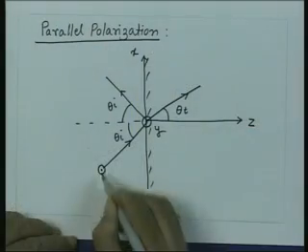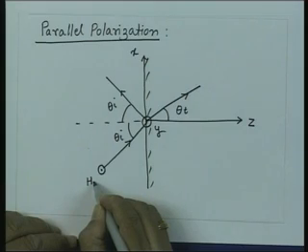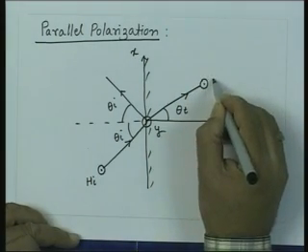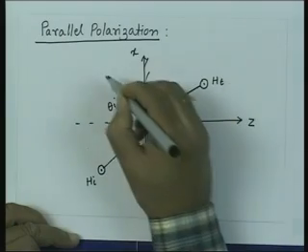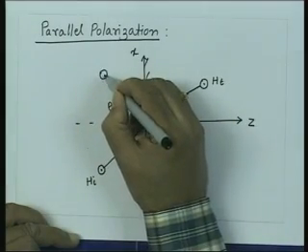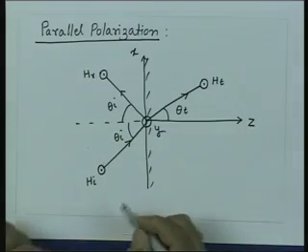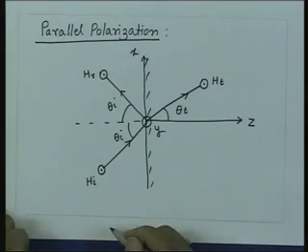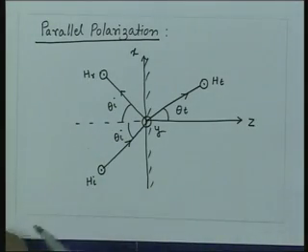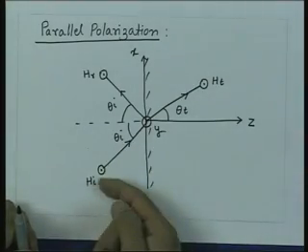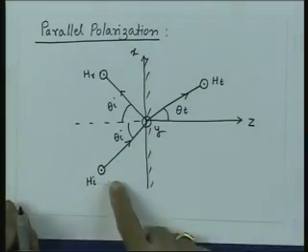So, let us say the magnetic field for this was coming out, this is given by Hi, this is Ht, and this is Hr, and I must get the electric field so that the Poynting vector is in this direction. So, since H is like this, your E must be going this way.